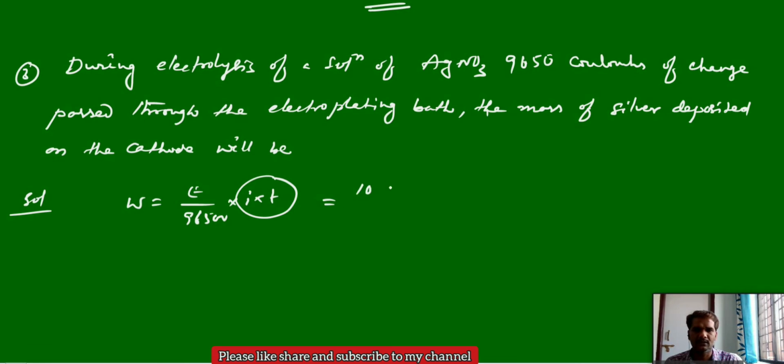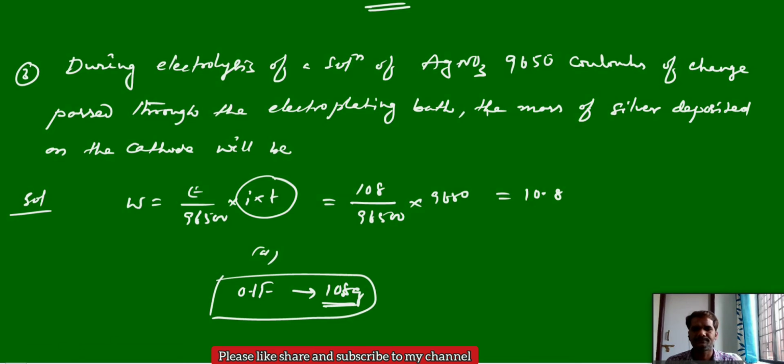E is the equivalent weight of silver, 108, into 9650 by 96,500. So you get 10.8. Or else simply, what is that? 9650 means 0.1 Faraday. 0.1 Faraday can give 108 grams. Sorry, 1 Faraday can give 108. Then 0.1 Faraday can give how much? 10.8. This is the direct one.